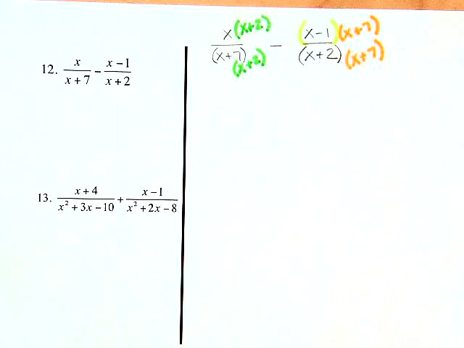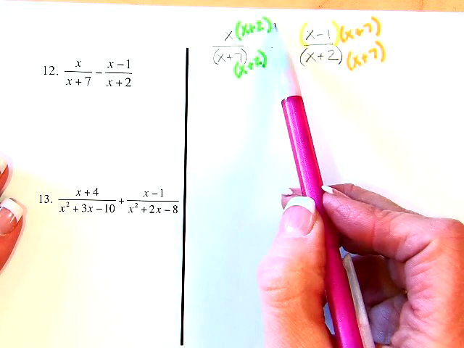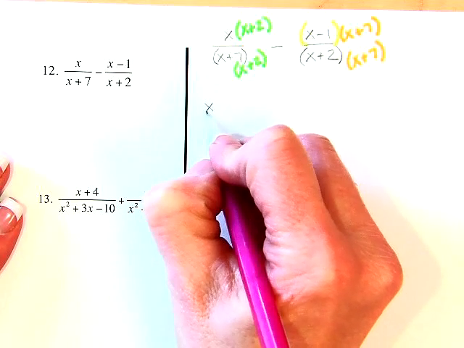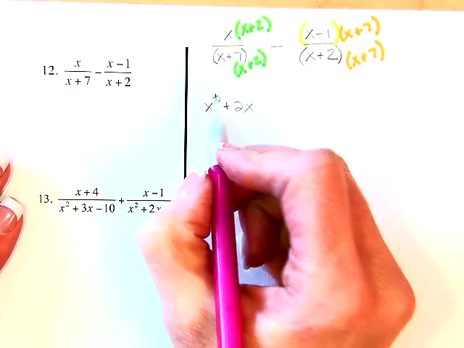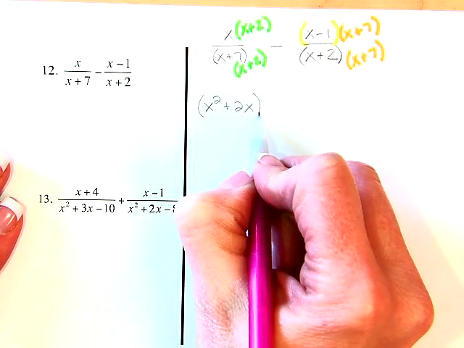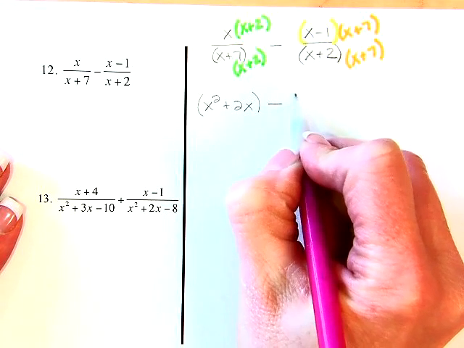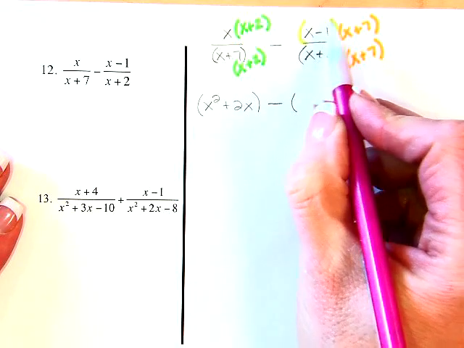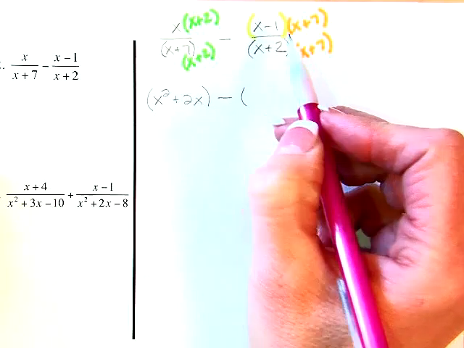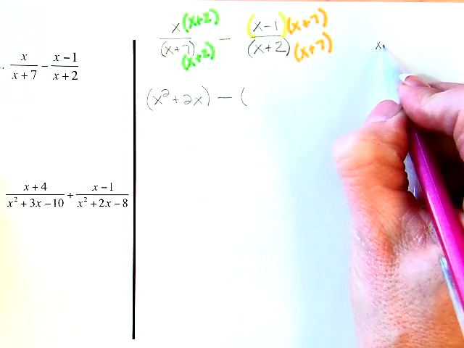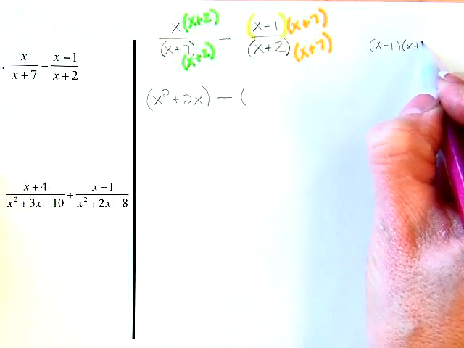All right, so moving along. What I need to do now is simplify the numerator, so I need to distribute the x into x plus 2, which gives us x squared plus 2x. And I'm going to actually group this right now. That is the numerator. Okay, this minus goes next, and then I need to multiply this out. Okay, so I'm going to go off to the side here, and I'm going to actually FOIL out x minus 1 times x plus 7.